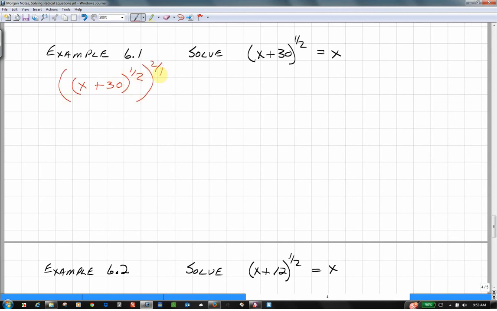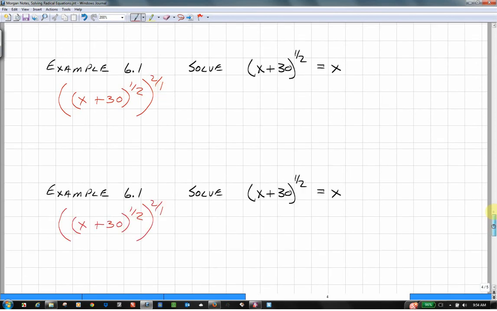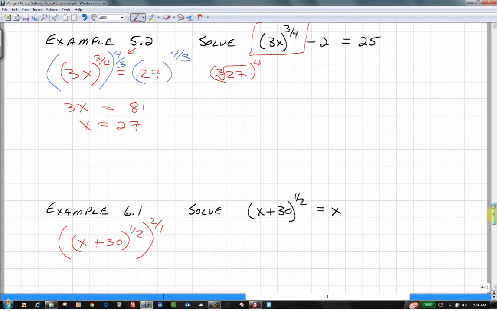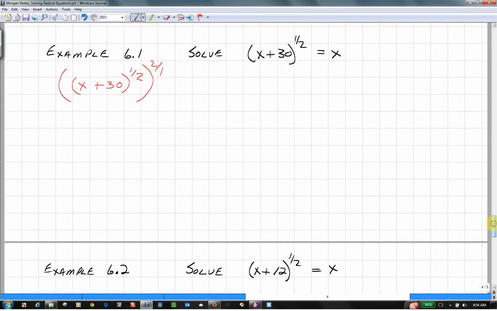I have to make one correction to the previous one that I did when the audio was off: I had a 4 there, that was 4/3. It didn't affect how I worked it, I just didn't write the 3 at the bottom. So anyway, back to this one, that's going to be x to the 2's, x squared. So over here, I've got x plus 30 is equal to x squared.